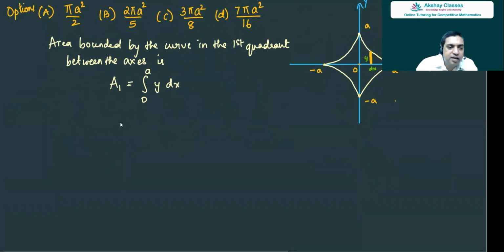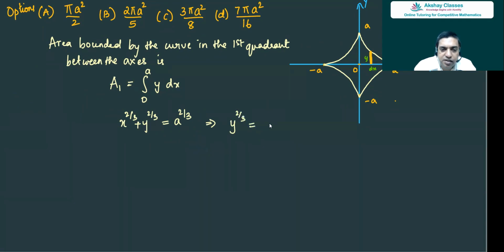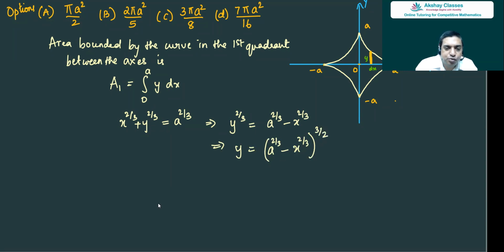Now y is, x to the power 2 by 3 plus y to the power 2 by 3 is equal to a to the power 2 by 3, which implies y to the power 2 by 3 is a to the power 2 by 3 minus x to the power 2 by 3, and y will be (a to the power 2 by 3 minus x to the power 2 by 3) whole raised to the power 3 upon 2.